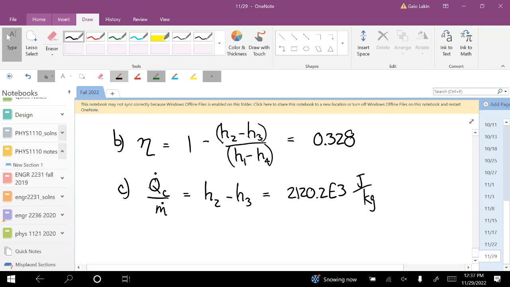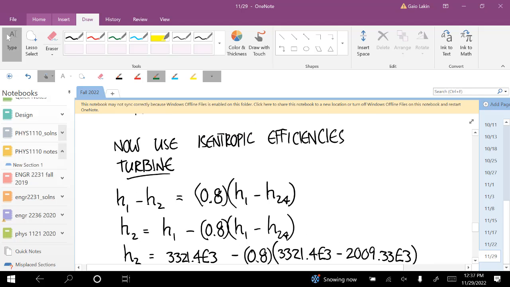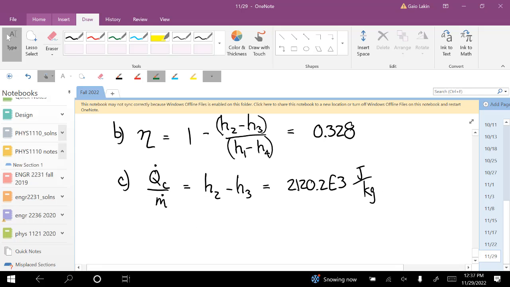And then the rate of heat flow at the condenser? Lower. That would be higher, wouldn't it? H2S compared to H2.